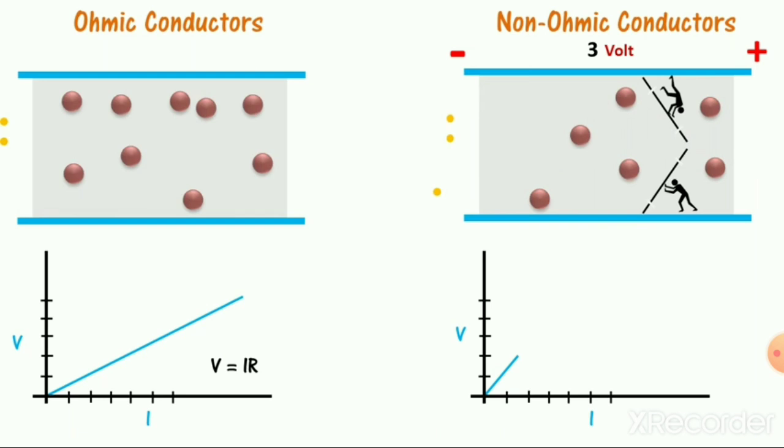At a particular voltage, these valves open and then there is a sudden surge of current. The voltage-current graph is not a straight line for such conductors. Ohm's law is not followed for these conductors in this region. Hence they are called non-ohmic conductors.